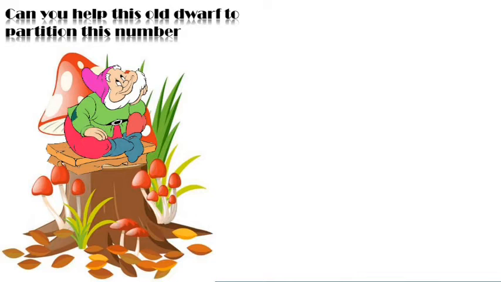So, can you help this old dwarf to partition this number, which is 49? So, 49 is a two-digit number, which means we need to partition this into ones and tens.